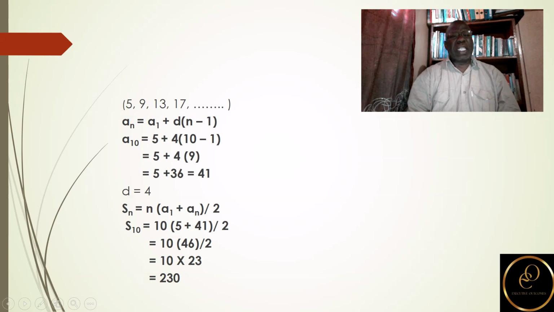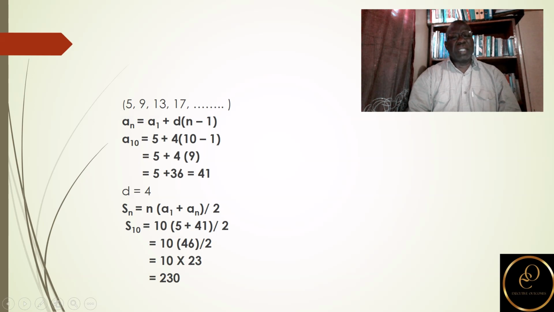If we move and look at 9 and 13, when you subtract 9 from 13, we still get 4. If you look at 13 and 17, we subtract 13 from 17, we still get 4. So therefore 4 is the common difference.